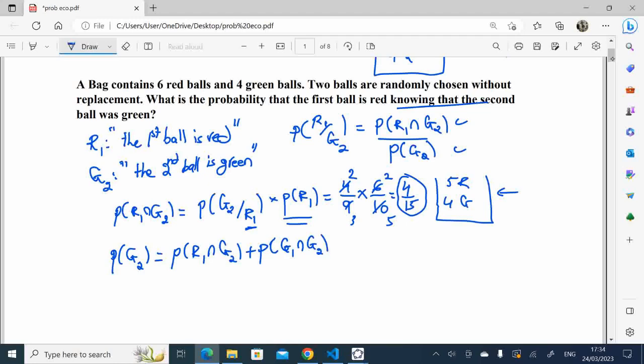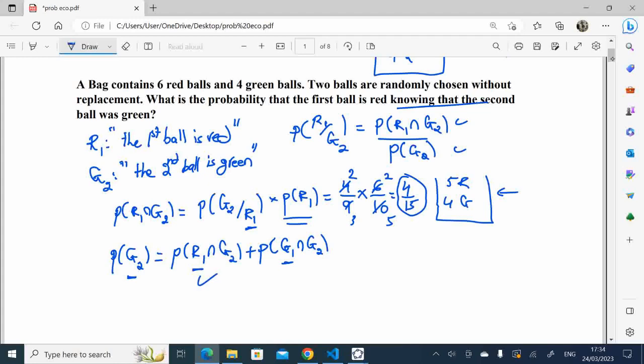It means I may select the second ball green knowing that the first one was red, or the second case was selecting the first one green and the second one green. P of R1 intersection G2, we already found, it is 4 over 15.